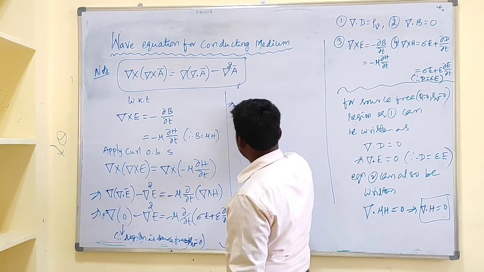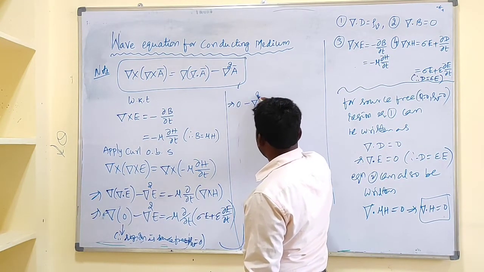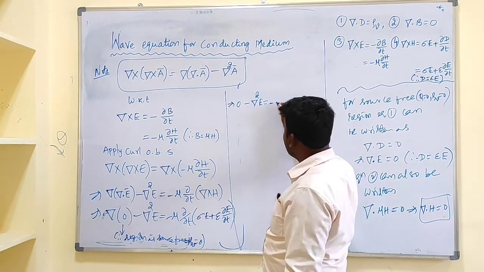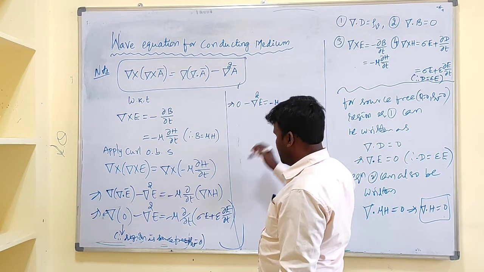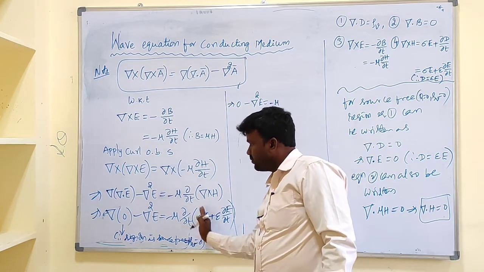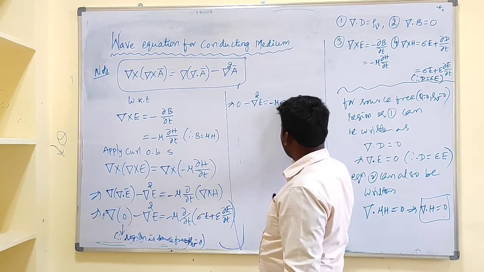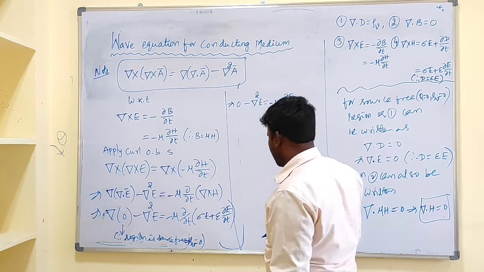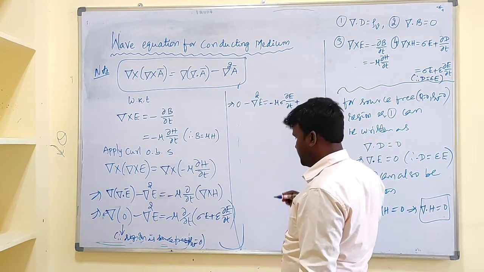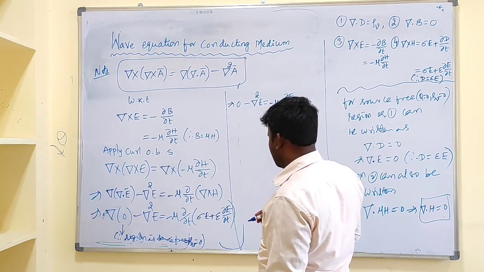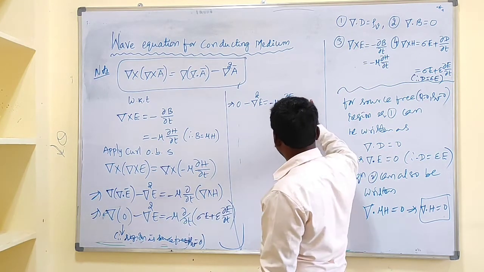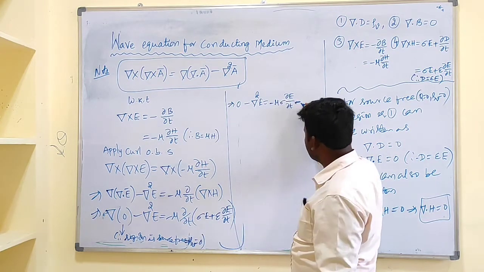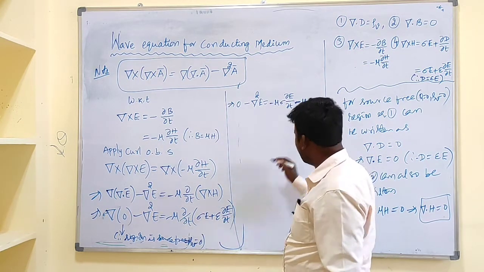It implies 0 minus del square E. Here we have minus mu into sigma, sigma is constant, we can write sigma out of this differentiation, that is minus mu into sigma dou E by dou t, plus minus into minus, that is minus mu epsilon.